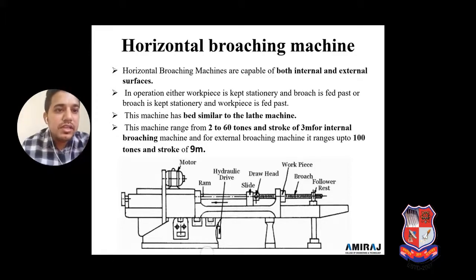Have you observed here, this is the same kind of lathe machine type arrangement: broach is there, follower rest is there, workpiece is there, draw heads, slides, hydraulic drive and ram. So hydraulic drive is utilized for the stroke purpose.